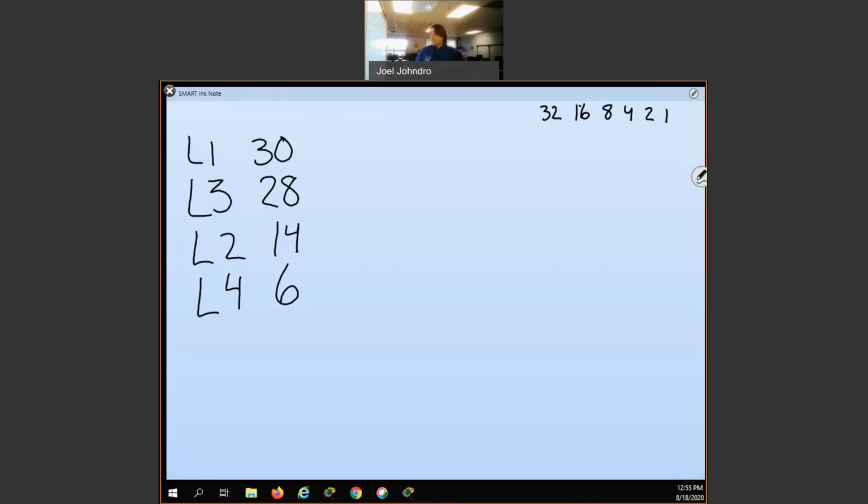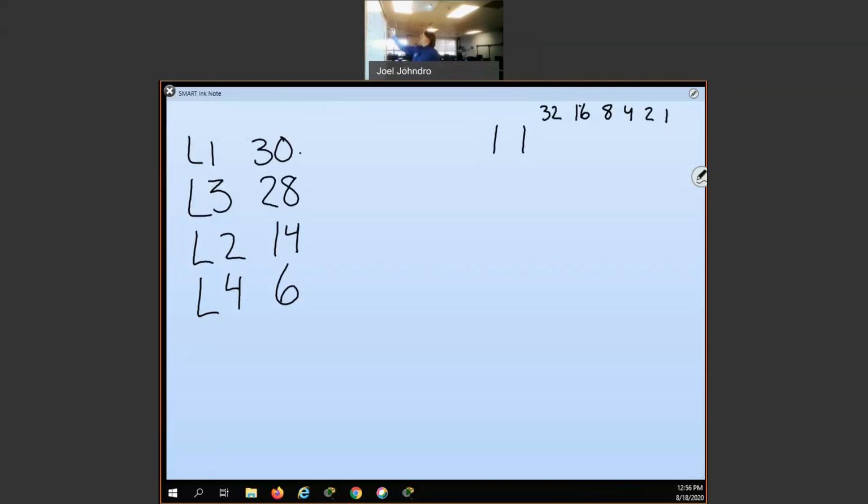So to pick a network, we need to pick a network that is large enough to accommodate 30 hosts in the first network, but just large enough.